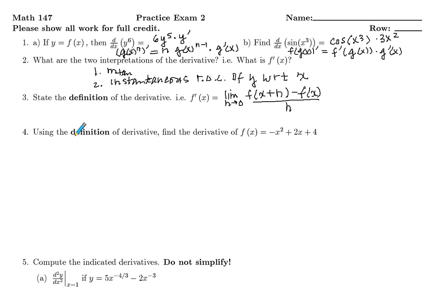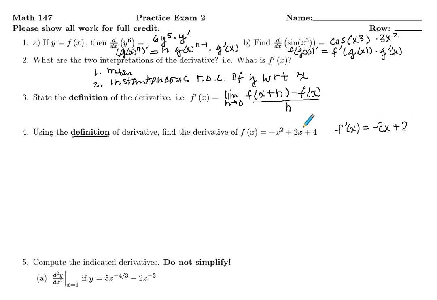And then we're going to use the definition. Using this limit definition, we want to find the derivative of negative x squared plus 2x plus 4. So there's one problem where I want you to use the definition. So you can double check using the formulas. F prime of x, we know from the formula, should turn out to be negative 2x plus 2, just using the power rule.